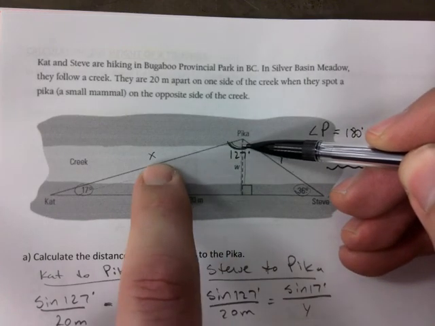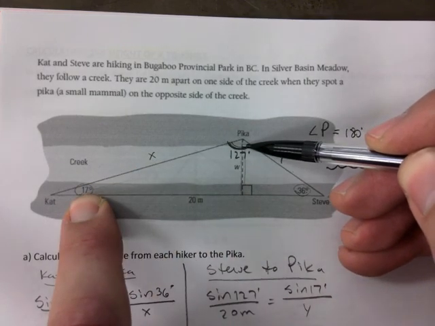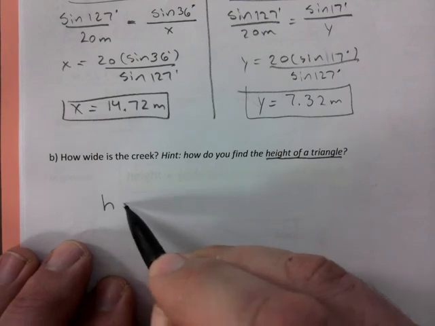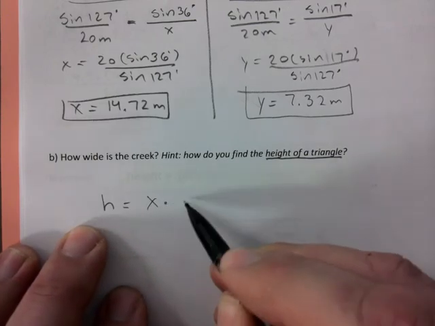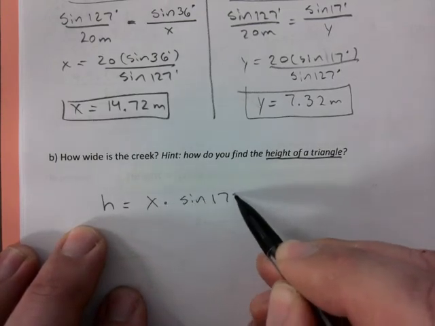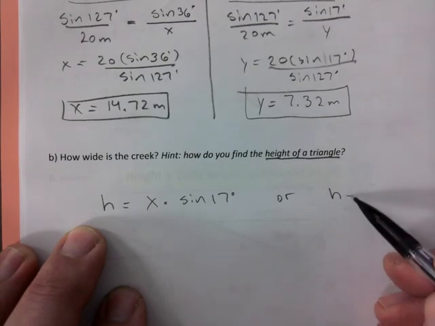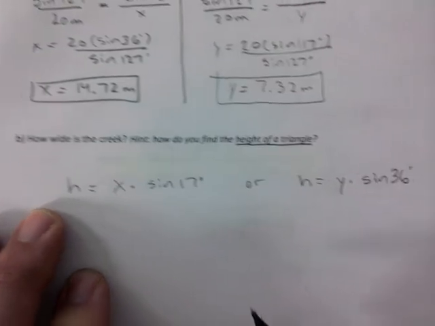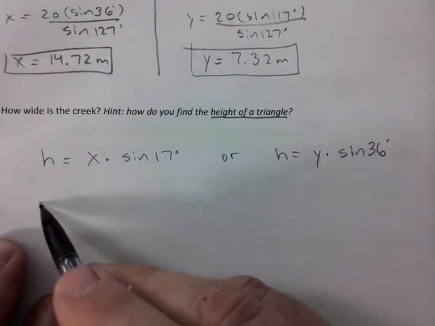So you have a choice. Height is going to be x times sine of 17, or it's going to be y times sine of 36. It's up to you how you want to do it.